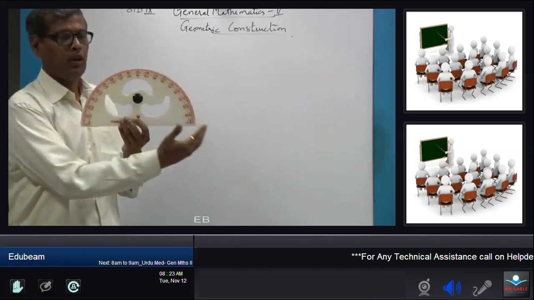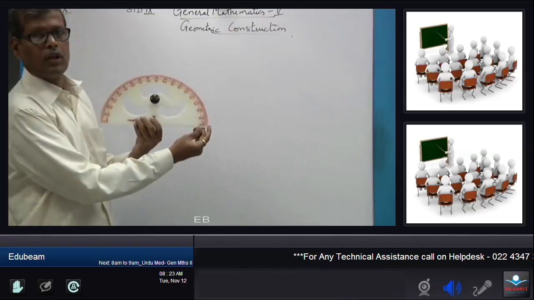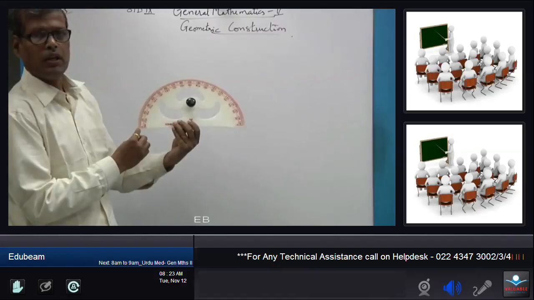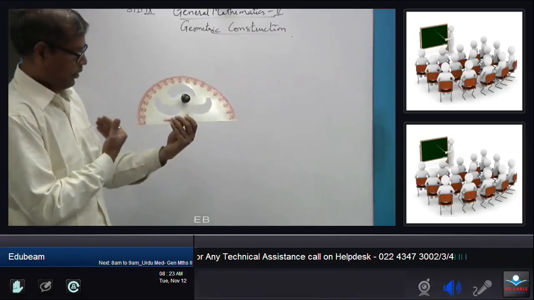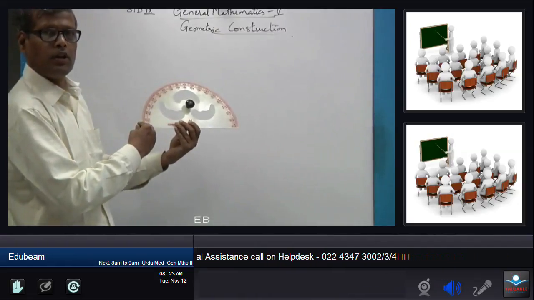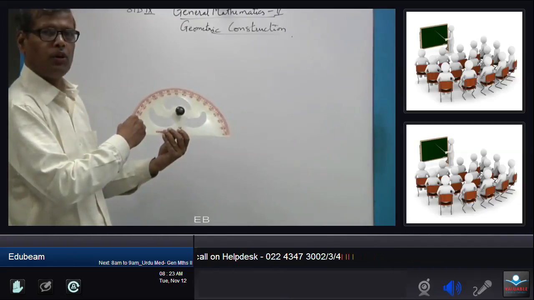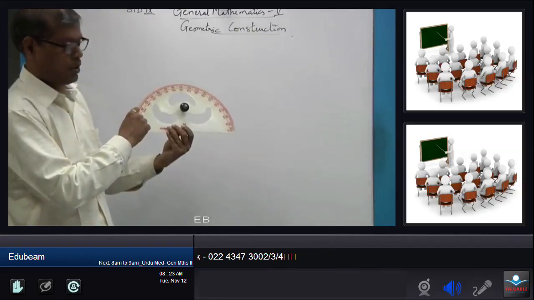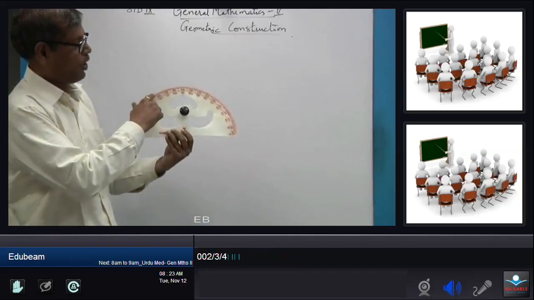So it goes from 0 to 10, 20, 30 and so on. And if you are going from this end, 0, 10, 20, you go inner lining here and inner lining.